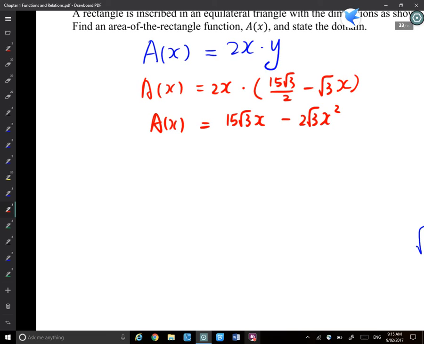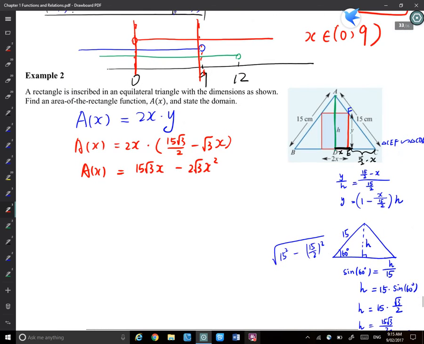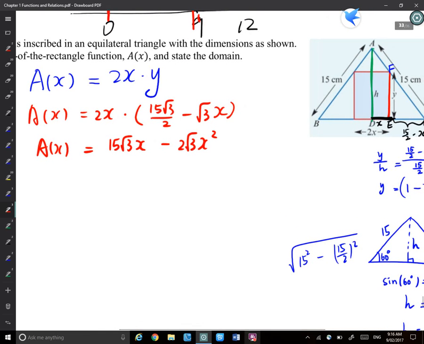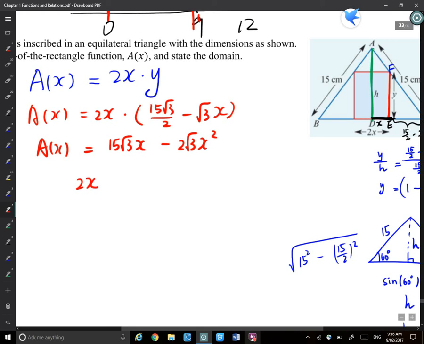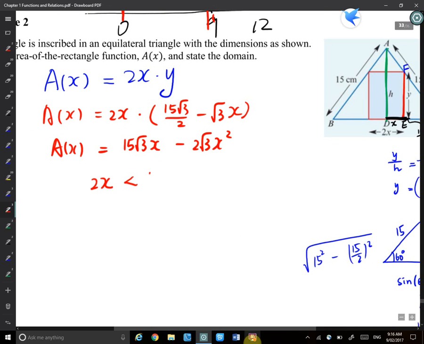But another question is asking what's the domain of this equation? Again, this x cannot be too long. If x is too long, it goes outside of this triangle, right? So my 2x needs to be smaller than 15.